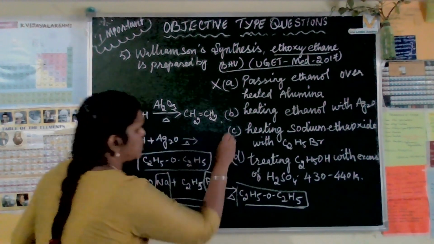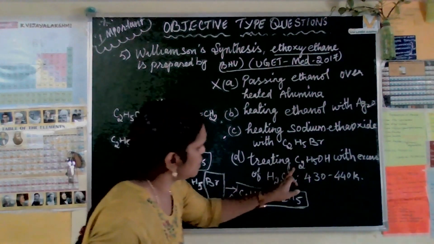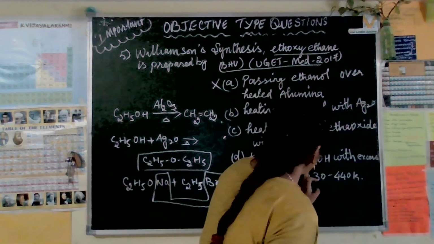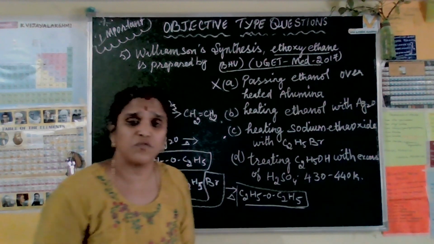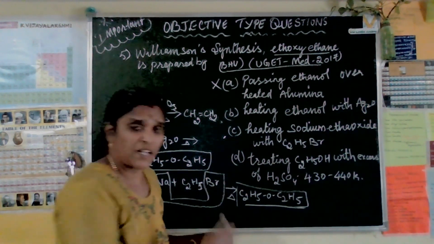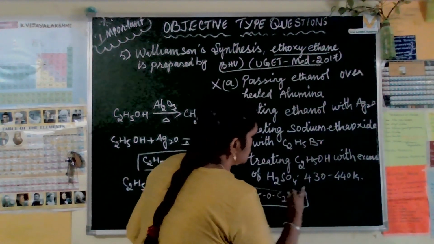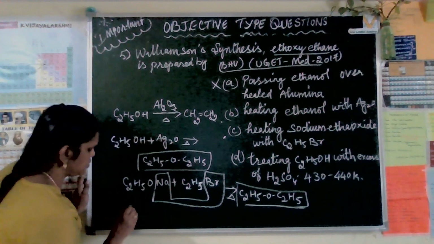In these two options, which is the correct option? Let us check the last one: treating ethyl alcohol with excess H2SO4. H2SO4 is a dehydrating agent, releasing water, at 430 to 440 Kelvin.